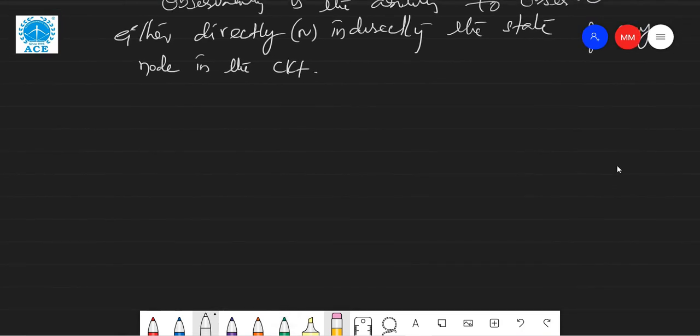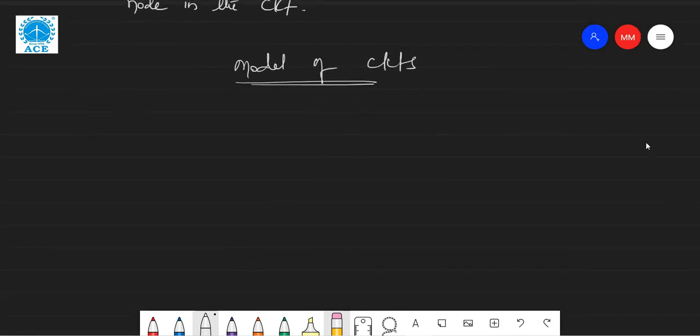See here, the model of circuits is nothing but a sequential circuit or combinational circuit. Basically a sequential circuit.